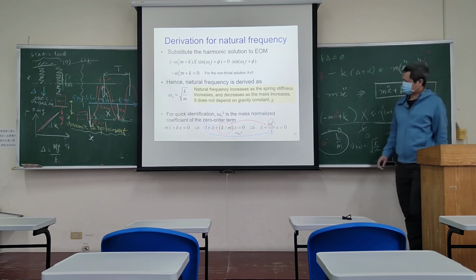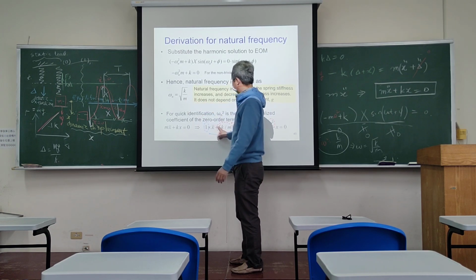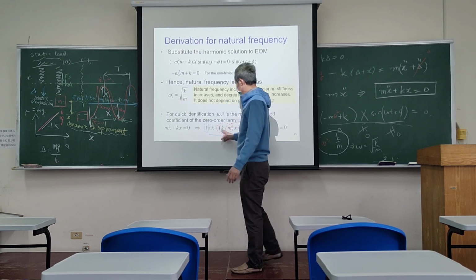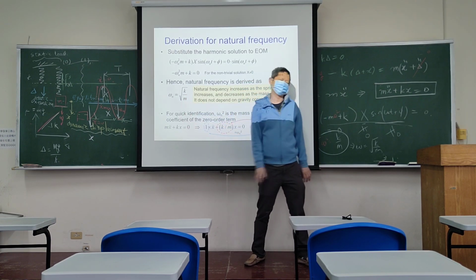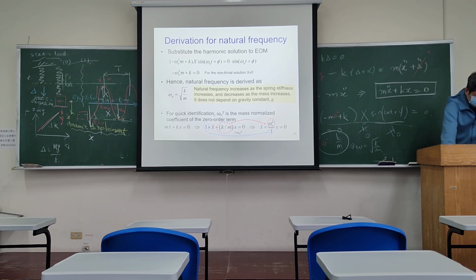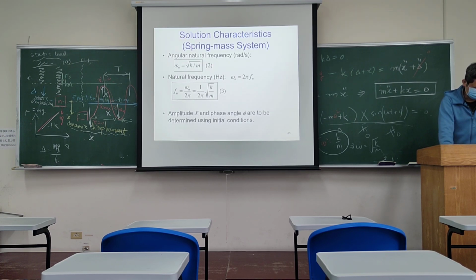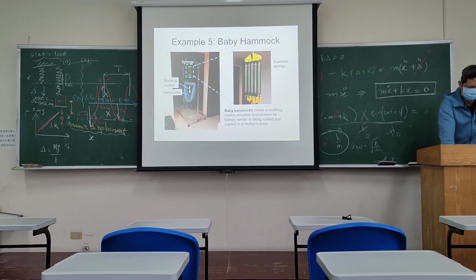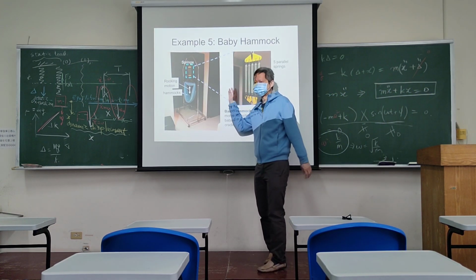You can see it is simply the square root of k over m, that is, the zero order coefficient divided by the second order coefficient, and then you take the square root to get the natural frequency. So we have solved the single mass spring system.